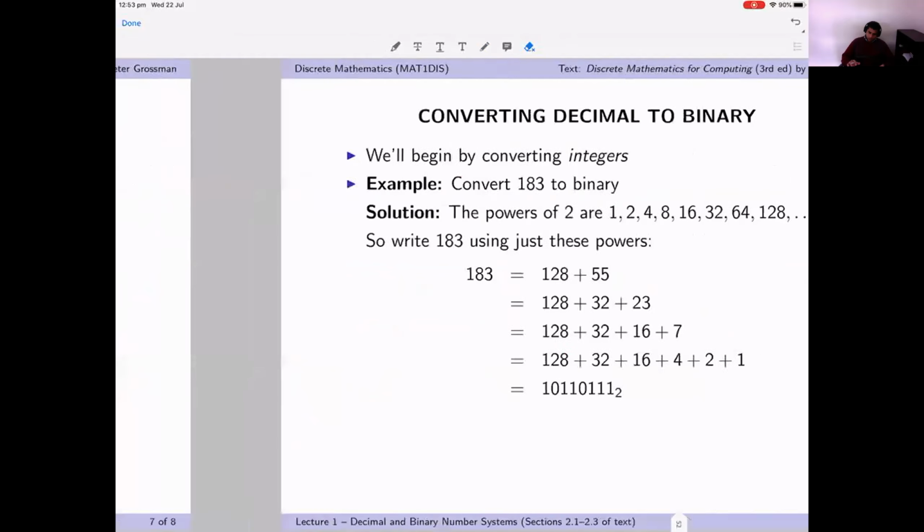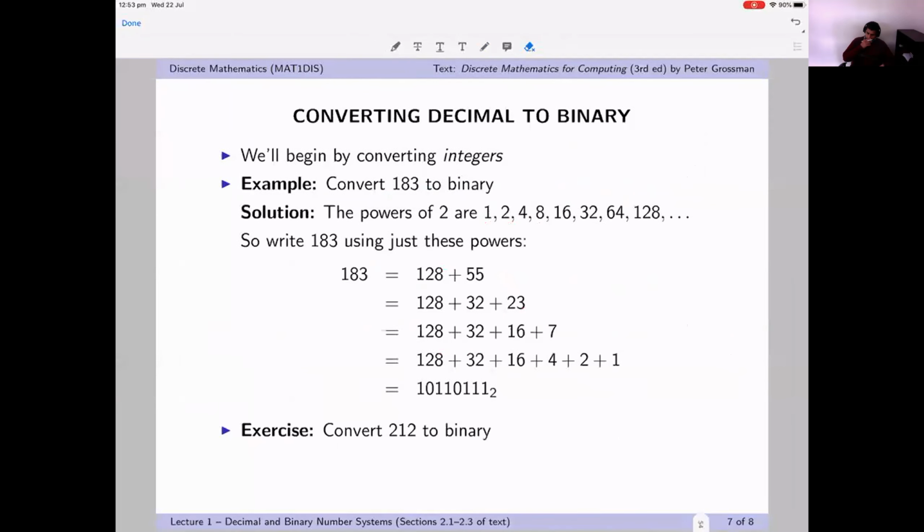Okay, so in powers of 2, we have written this number like this. I haven't explained my second method yet, which I will do soon. But before that, if we can convert 212 to binary, maybe I leave that as an exercise for you using a similar method.